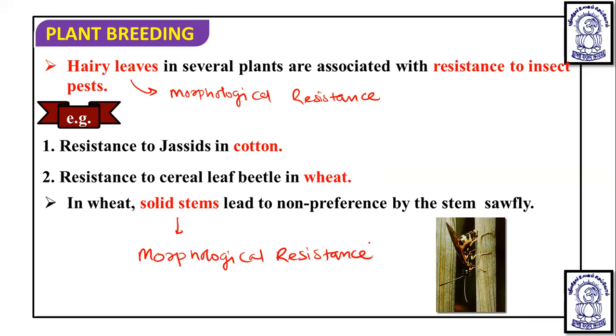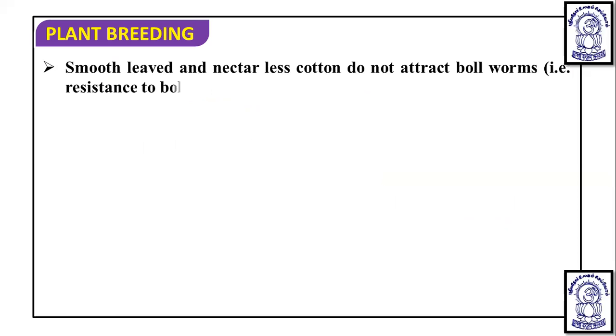Now after this, the smooth-leaved and nectarless cotton. If we talk about smooth leaves and absence of nectar production in cotton, they will not attract the bollworms, a type of pest.